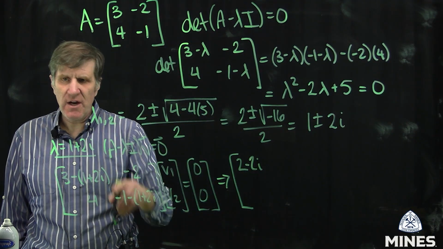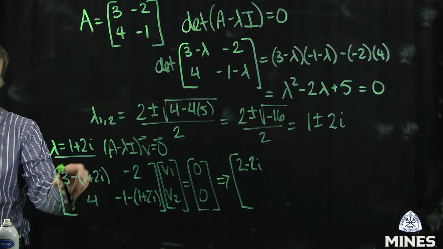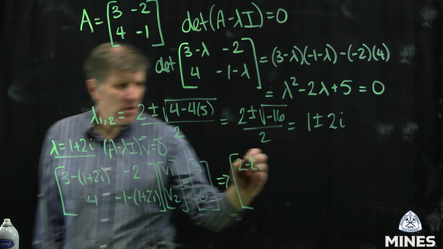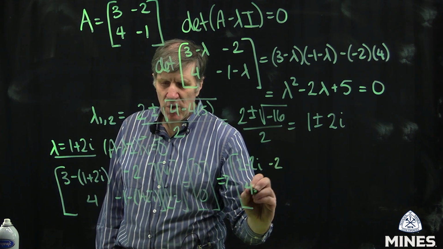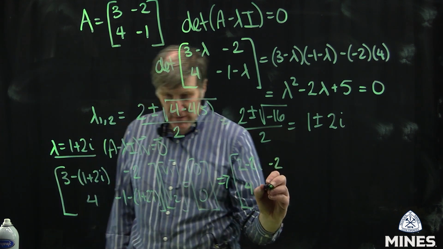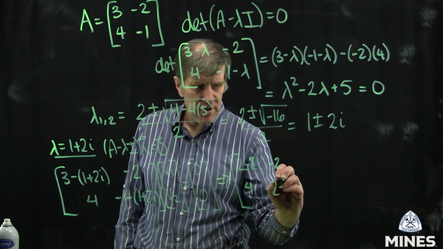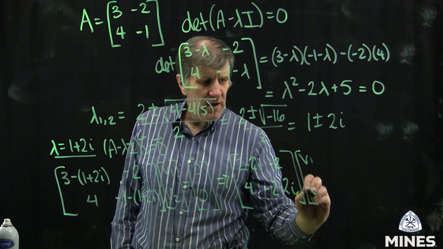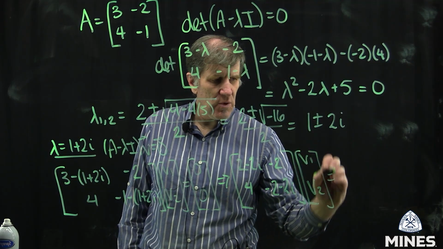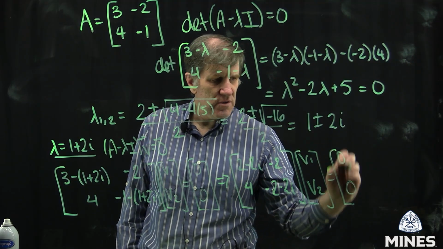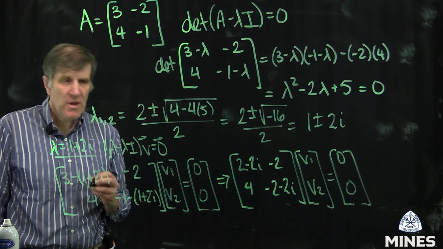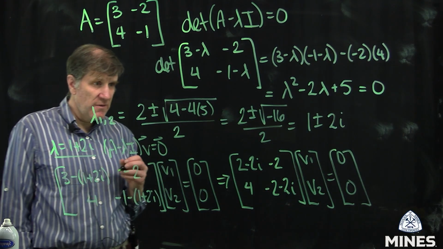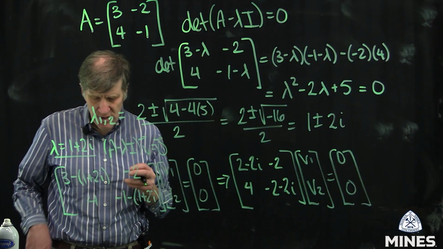This negative sign carries across both of these two terms. Negative 2, we have 4, we have negative 2 minus 2i, times v1, v2 equals 0, 0. So there's our system of equations for the eigenvectors.